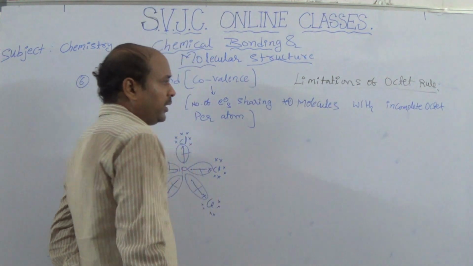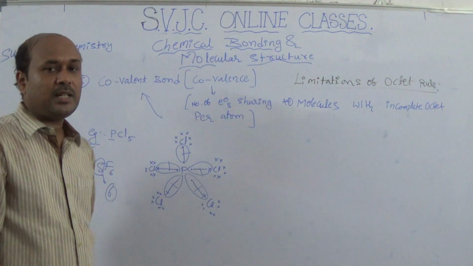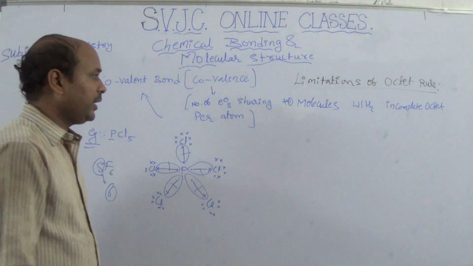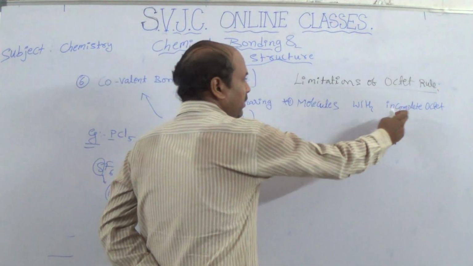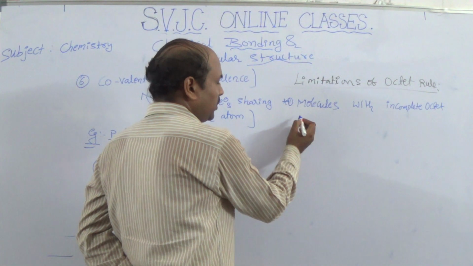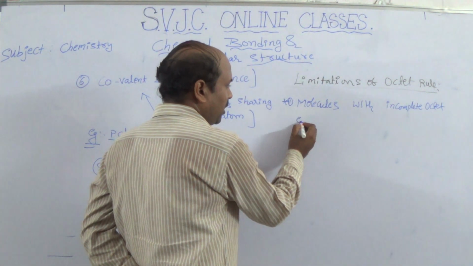What is meant by incomplete octet? In some compounds, the central atom is surrounded by less than 8 electrons. Then that is called incomplete octet. These compounds are also called electron deficient compounds.